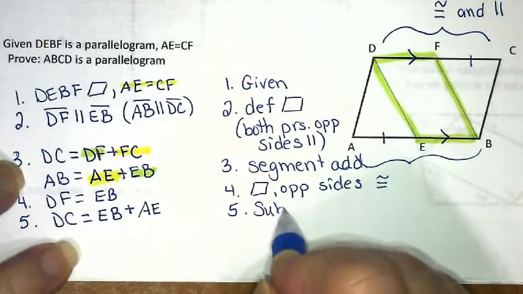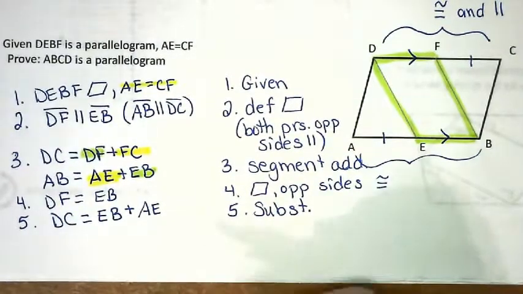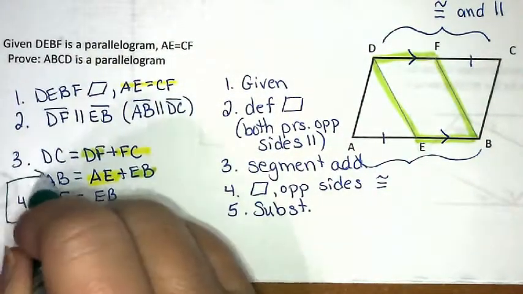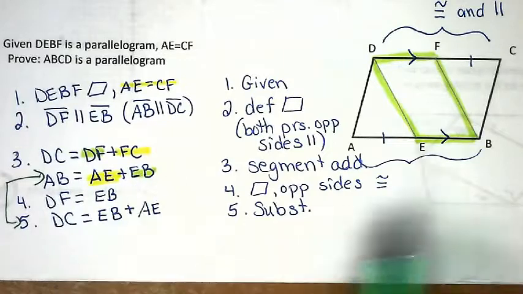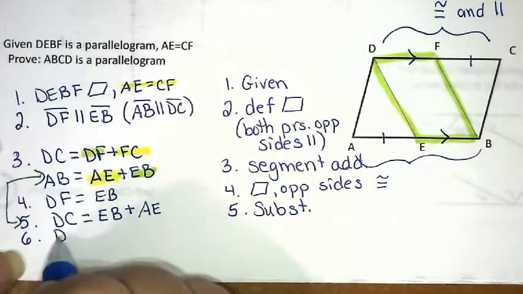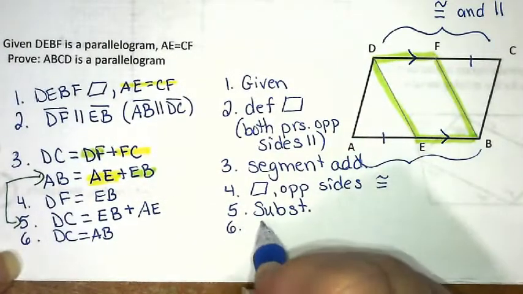That's substitution. You can take something out and replace it with something that it's equal to. Now notice that this DC and that AB are the exact same thing. So I can say that DC equals AB. Again, substitution.